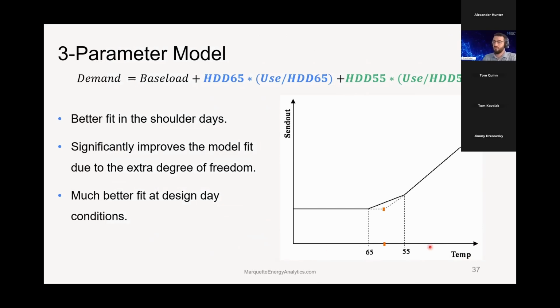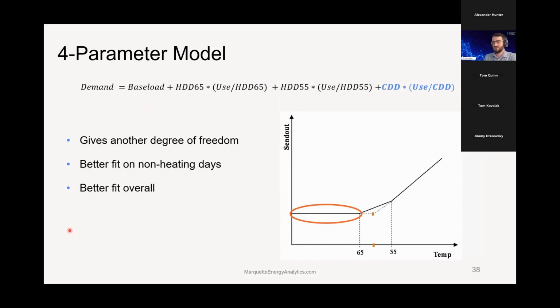And so with those extra degrees of freedom, we're going to fit better on shoulder days, so that's going to help us a little bit on cold days. And not as important for this talk, but generally speaking, this does better on design days. In addition, we're going to give ourselves another degree of freedom by adding a cooling degree day term.